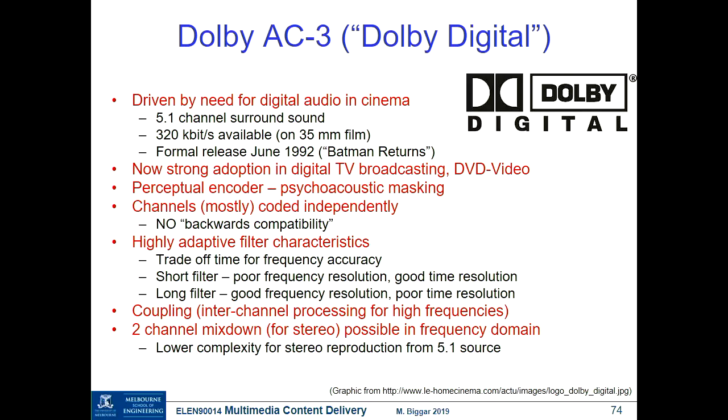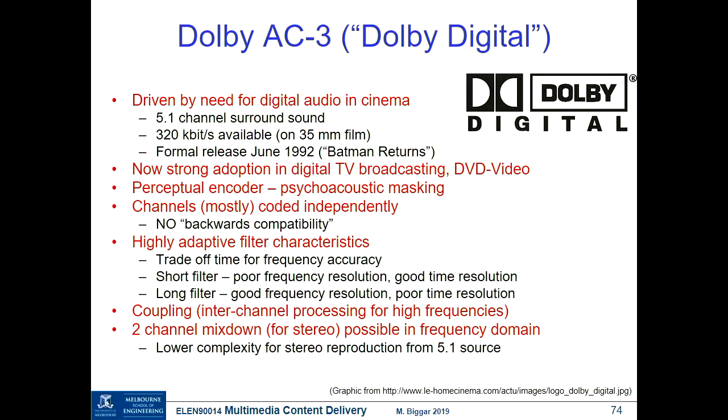We'll look at where that came from, but essentially it's real estate on the film, because they wanted to include the Dolby Digital data somewhere on the film strip, a physical film strip, along with the movie itself, of course, and also the analog audio channels. So there wasn't much space.